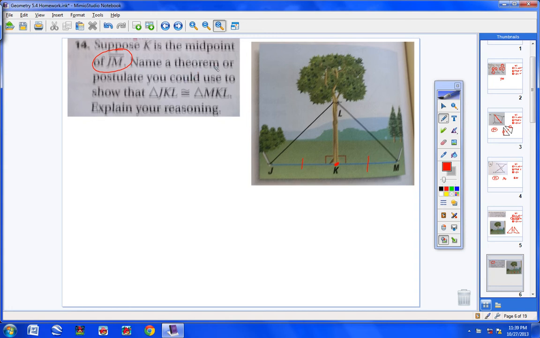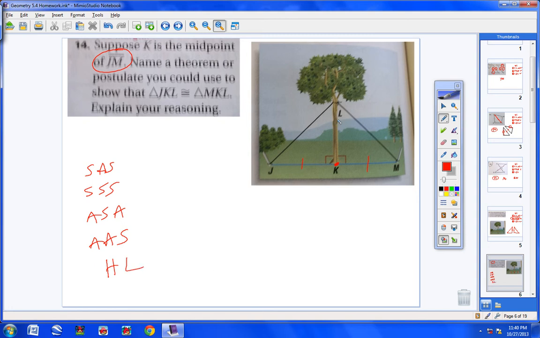Name a theorem or postulate you could use to show that triangle JKL is congruent to triangle MKL. Remember, our options are SAS, SSS, ASA, AAS, and hypotenuse leg. Let's see what we have here.